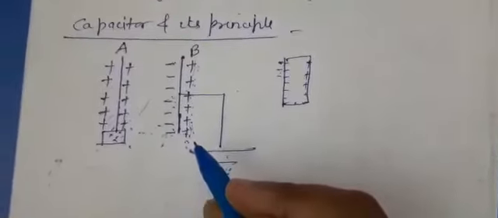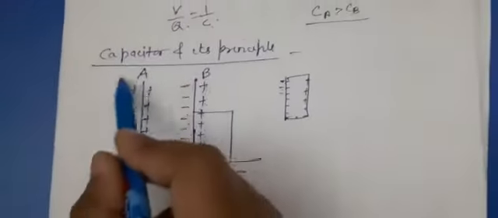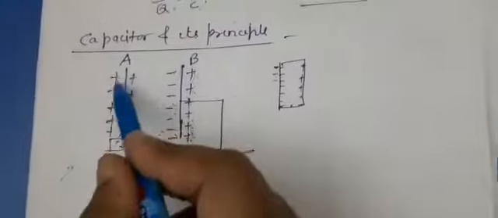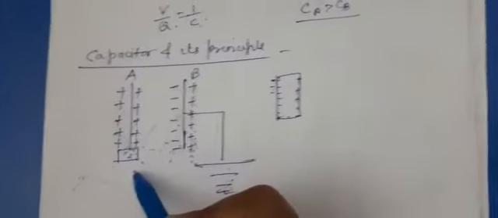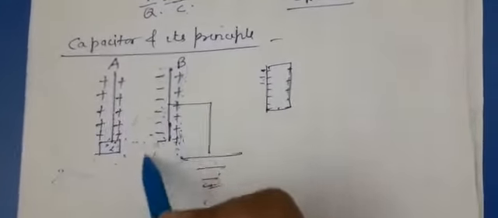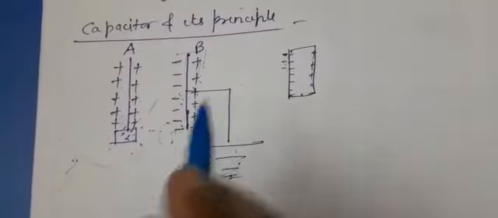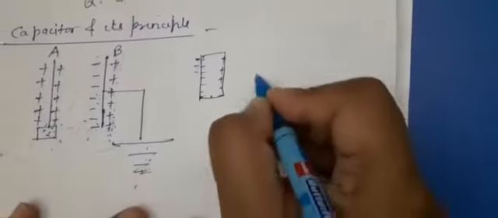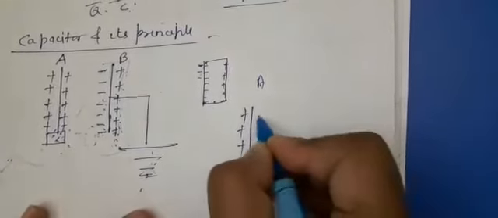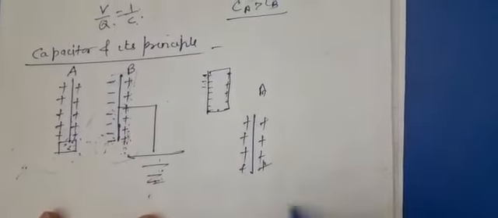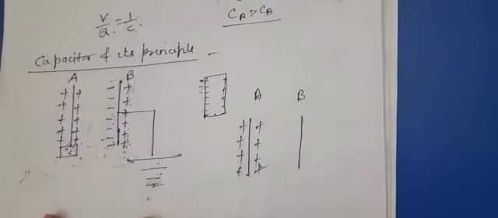what is the main concluding point of this capacitor and its principle? The capacitance of an insulated conductor is increased by bringing an uncharged grounded conductor near it. Actually, initially A was a charged conductor and B was an uncharged conductor.